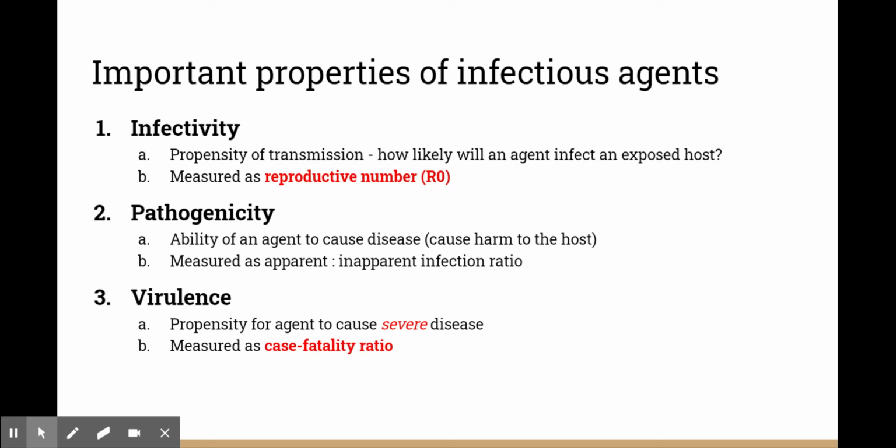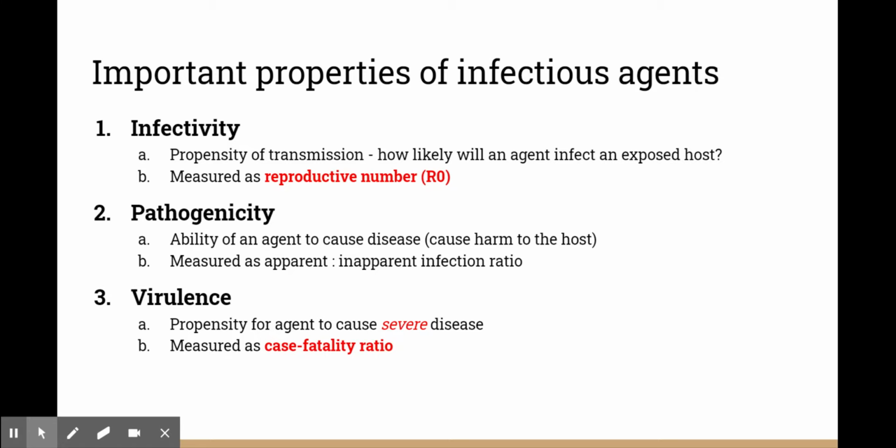Pathogenicity. How able is the agent to cause disease? This means if a certain infectious agent is more likely to cause harm to the host, it is said to be more pathogenic. We can measure pathogenicity as the ratio of apparent to inapparent infection.